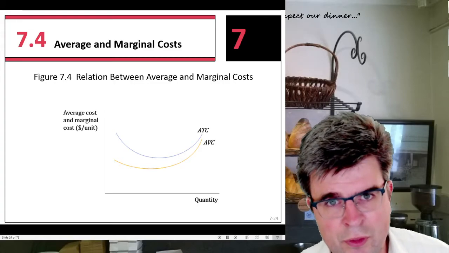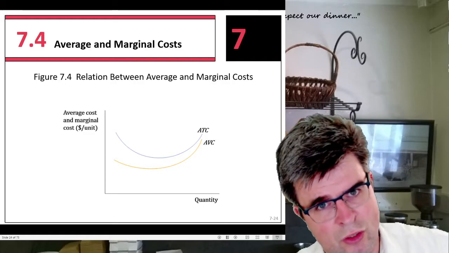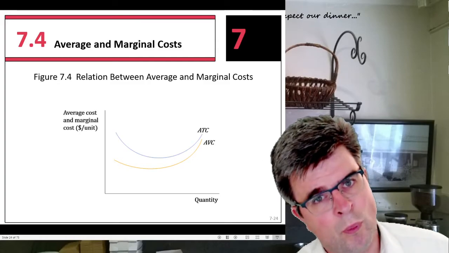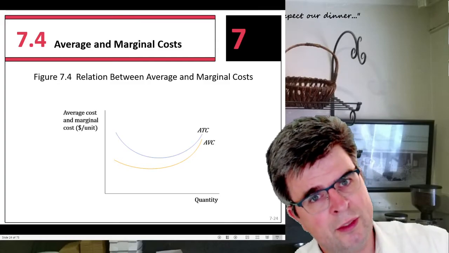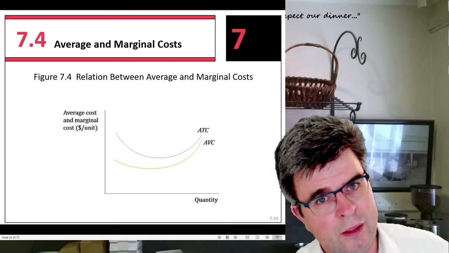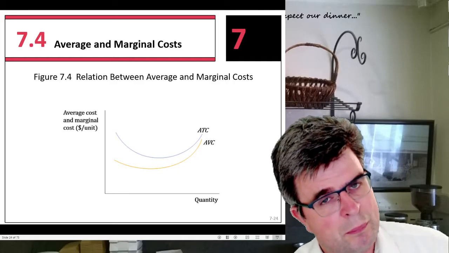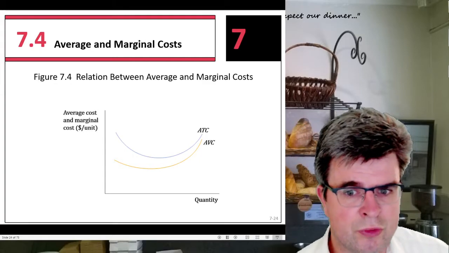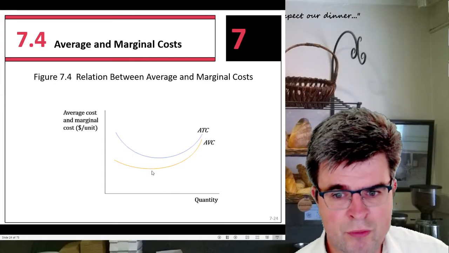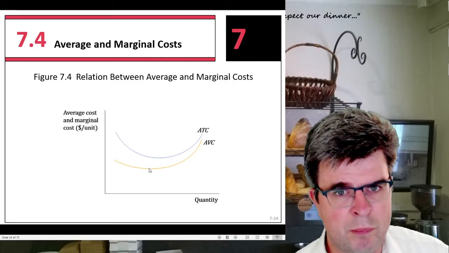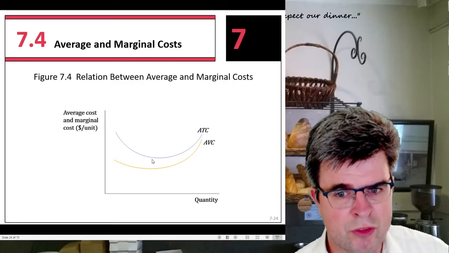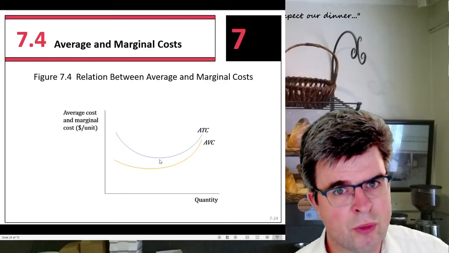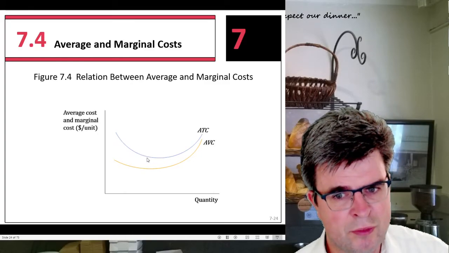And just like with the grades, as long as the marginal cost is lower than the average variable cost, the average variable cost will decrease. Once the marginal cost is higher than the average variable cost, the average variable cost will increase, which means that the marginal cost curve needs to intersect with the average variable cost curve at the minimum point. And the same for the average total cost. As long as the marginal cost curve is below the average total cost, the average total cost will decrease.